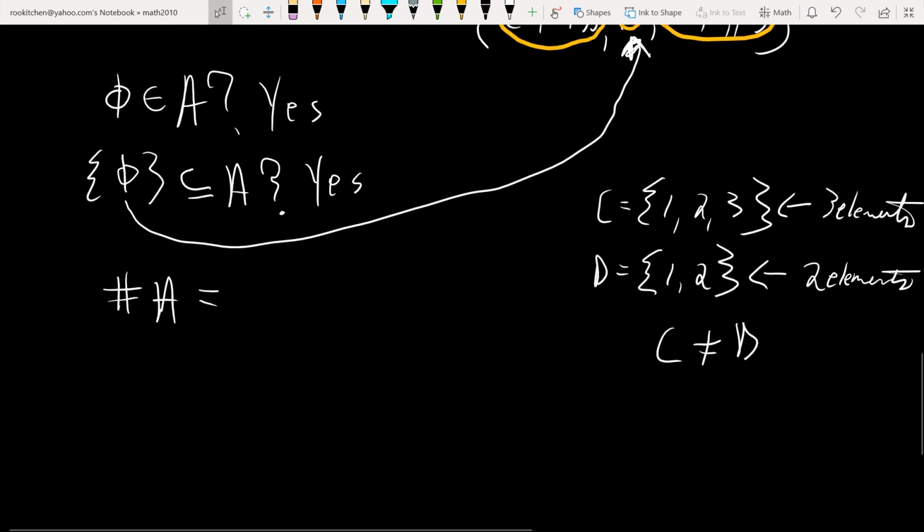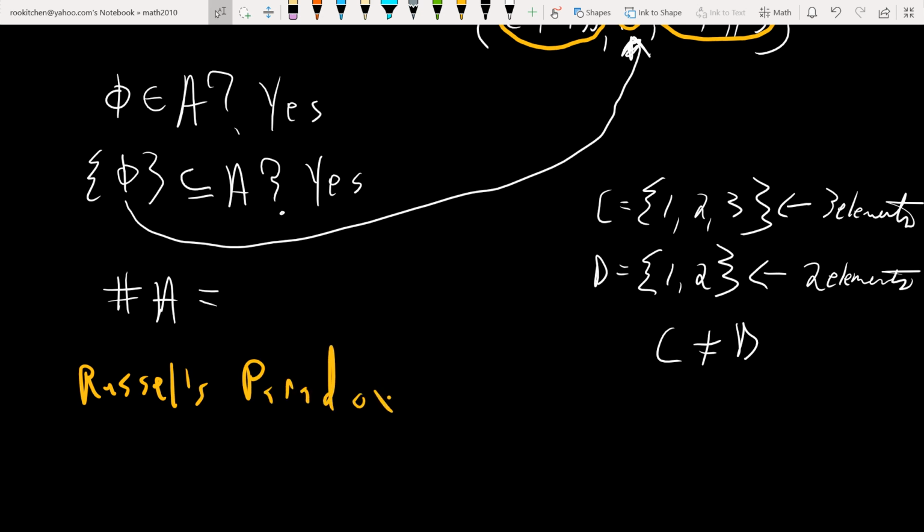There's other things in set theory that are weird, like Russell's paradox, which you can look up online. That book I was reading on axiomatic set theory uses something called ZFC, Zermelo-Fraenkel axioms plus the axiom of choice, and that cures Russell's paradox.